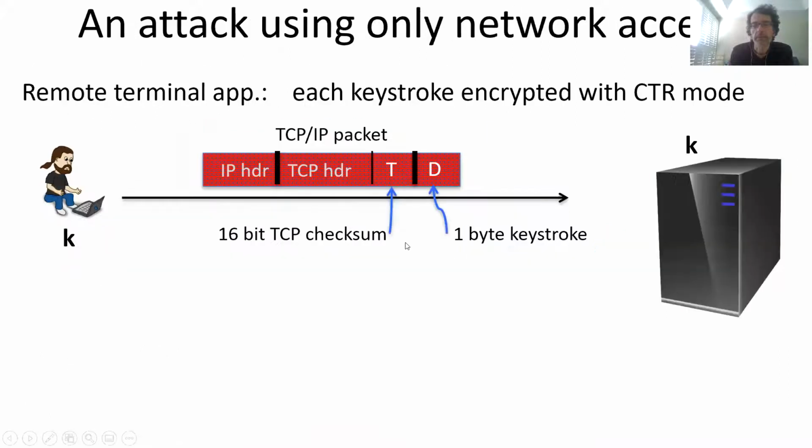Here's another example. Let's say that the application is a terminal app, so the client and server. I forgot, it's SSH, I guess. So this guy with the key, he encrypts.